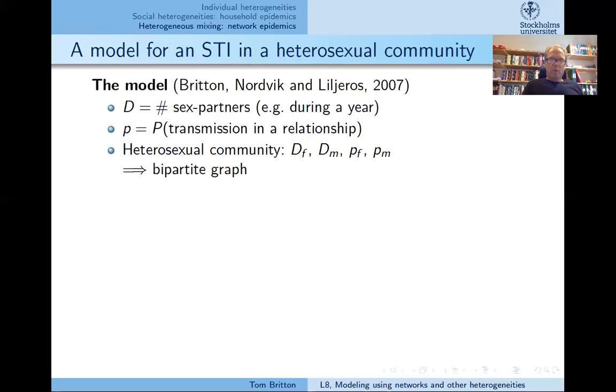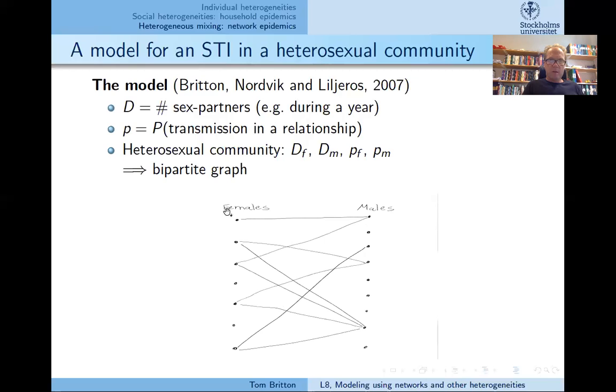How would you model such a graph? Well, the simplest one, if you neglect other types of clustering and things, is that you make a list of all the females and you make another list of all the males, and then you draw stubs going out of this by drawing copies from this distribution.